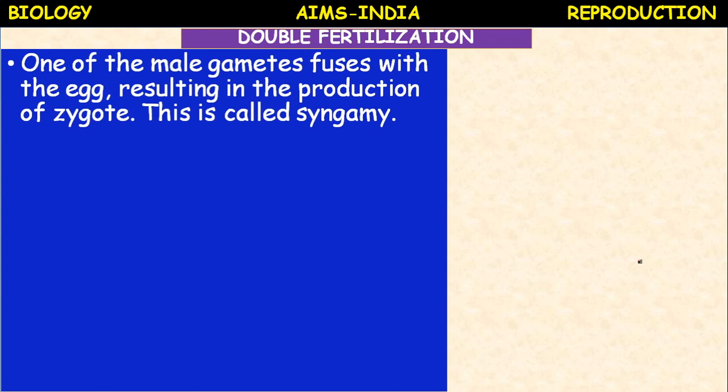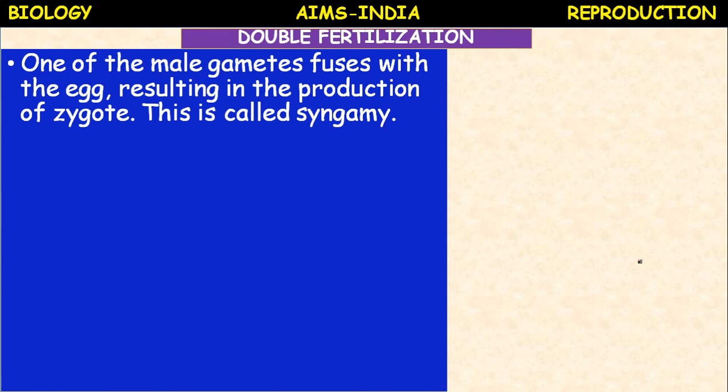Now the fertilization in angiosperms. In angiosperms, which means the flowering plants, double fertilization is the most important event. One of the male gametes fuses with the egg, resulting in the production of the zygote.